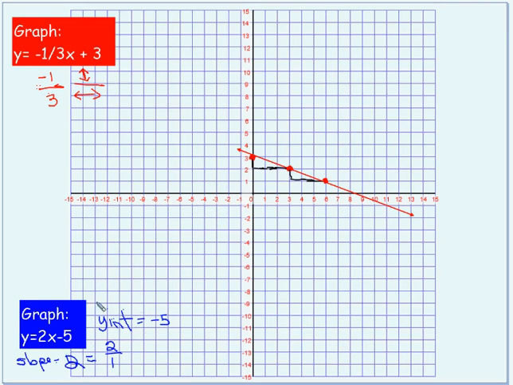You take the sign with the number. So the first thing you do is put a point. Plot the point on the y-intercept, negative 5. So on the y-axis, I go to negative 5 and I put a point.